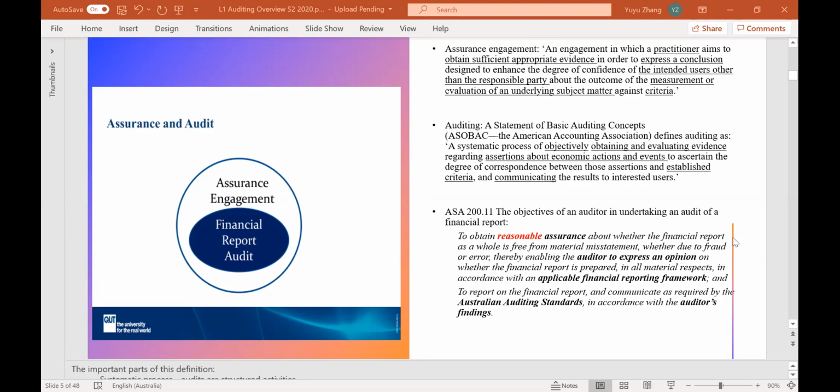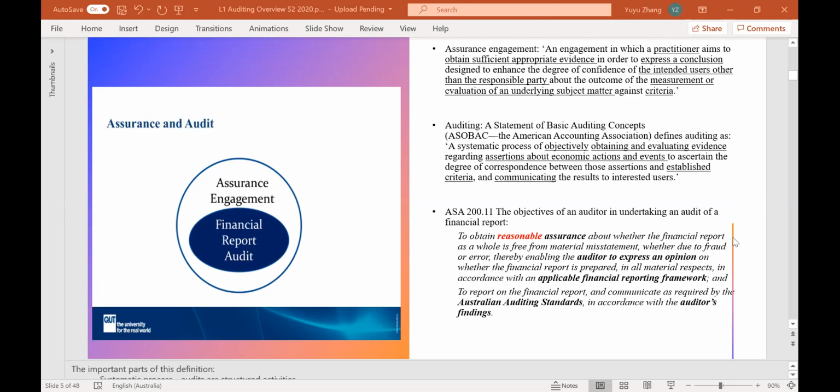And for both assurance and auditing, usually we believe those kinds of engagement include at least 3 parties: the principal, the agent, and also the practitioner.